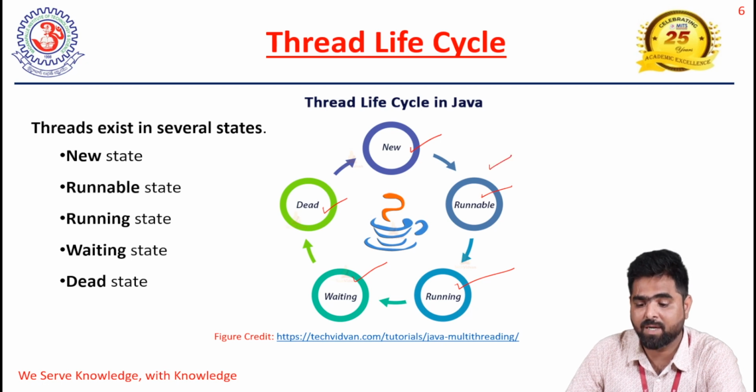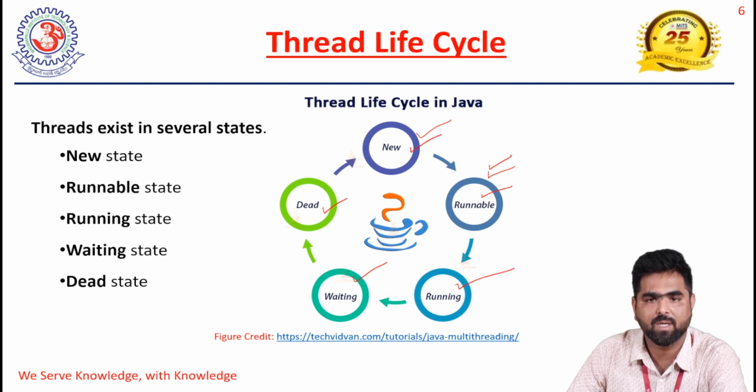The thread will move from one state to another, and we will see one by one from which state to which state the thread moves. Generally, when a new thread is born, it will be in the new state, and immediately it will move to the runnable state.